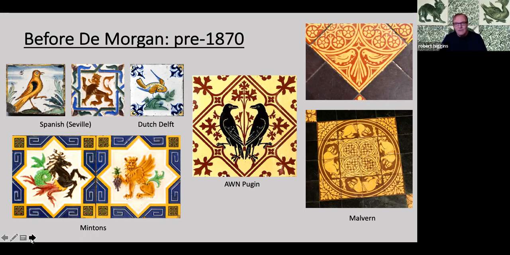There's at least one there from Malvern, and Pugin's crows that featured in so many of his drawings, and particularly tiles. The animals seen in these types of tiles are normally, I would call, heraldic in their pose and their style, but still fairly naturalistic.